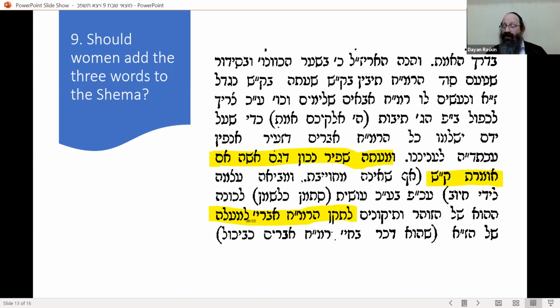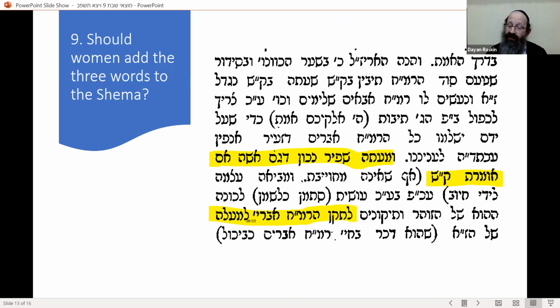If she's saying Shema, should she repeat in order to have the number of 248? So this question was addressed in Sefer Minchas Elazar. He says, this is from the quotes from the Arizal, the idea of 248 words in the Shema. And he says that the woman does say Shema, she's not chayav to, but if she does say Shema, so he says the Ramach Evorim means Ramach Evorim in the spiritual world, the Ramach Lemailo.